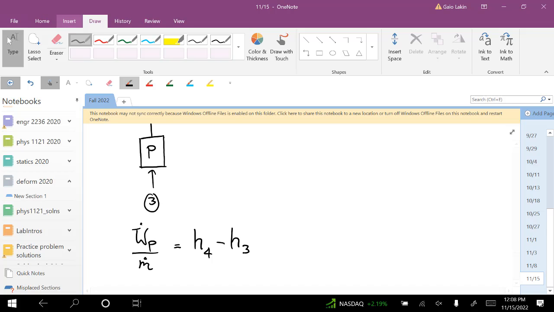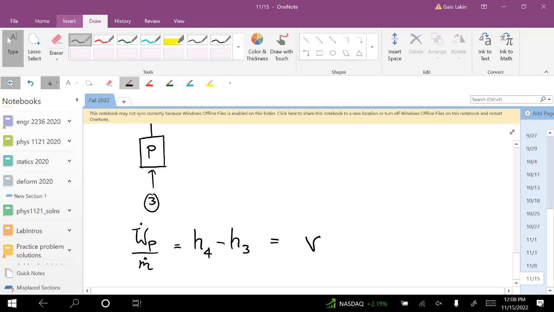So first, notice that the order of the enthalpies is switched compared to the work of the turbine. That's because the sign convention is opposite for the turbine and the pump. And then also the second thing is we have another way to calculate this rate of work in divided by the mass flow rate for the pump.